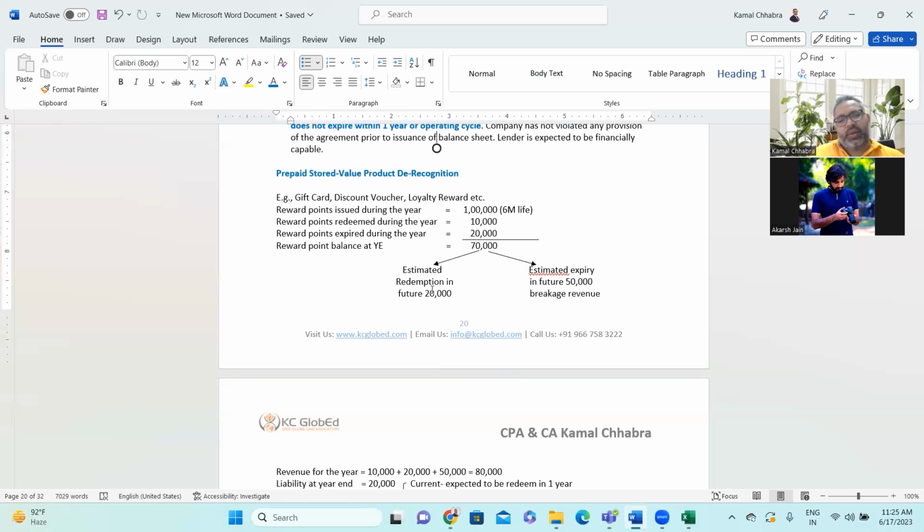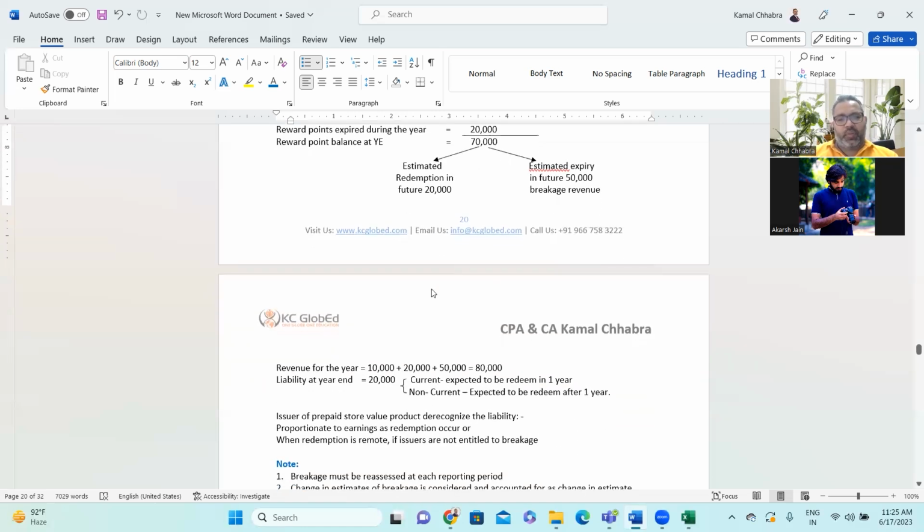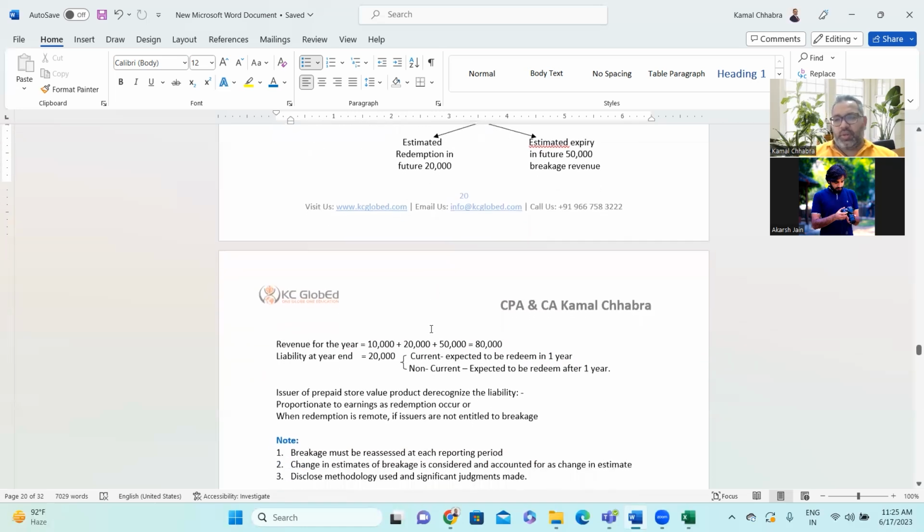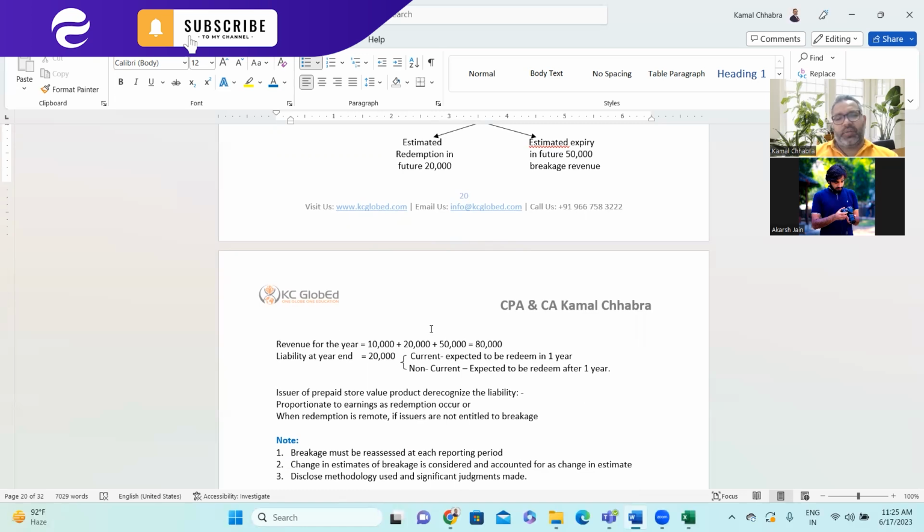Now if you do the math, revenue for the year is $10,000 which has been redeemed, $20,000 which has expired during the year, and $50,000 which you are expecting to expire in future. So $80,000 will go into revenue, and 20,000 would go into current liability.